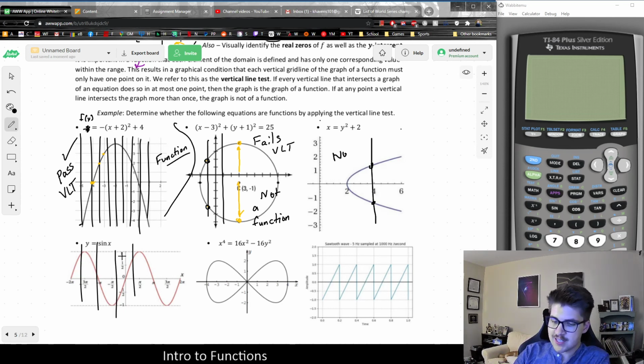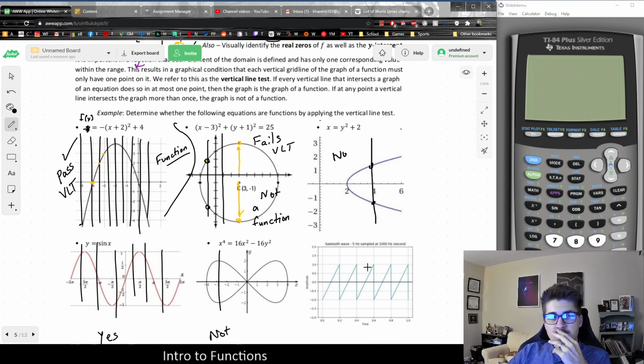Wave functions are indeed functions, so we can see that a lot of types of graphs are functions. Yes, this is a function, but certain things like this curve, which is called a lemniscate, which looks kind of like the mathematical infinity sign, is not a function, because again, it crosses more than one point.